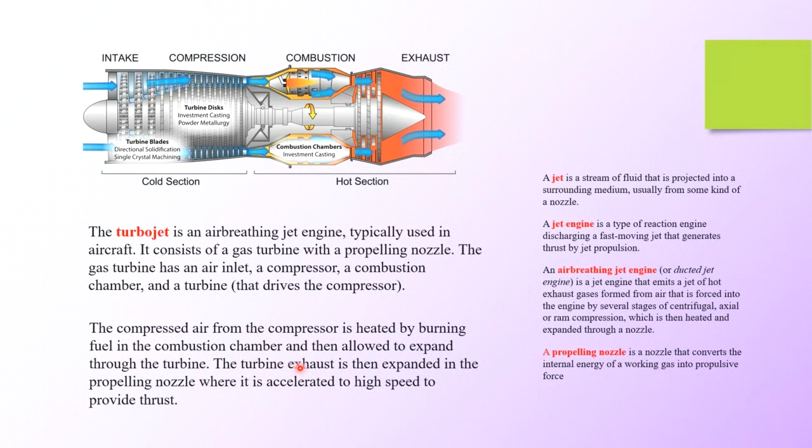The turbine exhaust is then expanded in the propelling nozzle, where it is accelerated to high speed to provide thrust from this part here. This section here is called the hot section. This part is called the cold section.